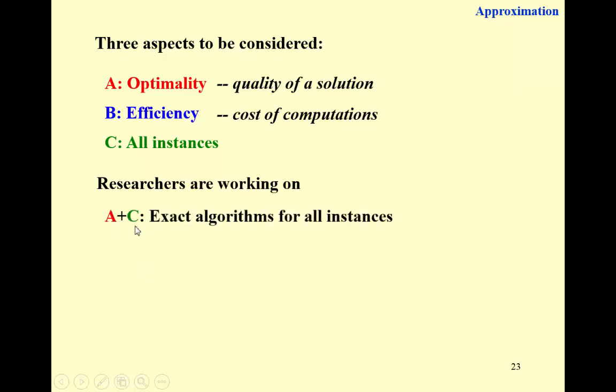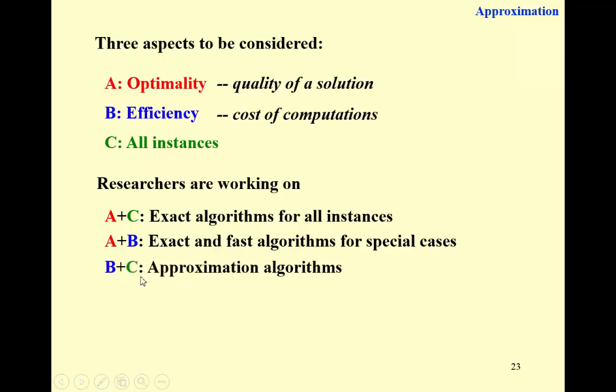A plus C means to find exact algorithms for all instances, such as exhaustive search, or A plus B, exact and fast algorithms for special cases, for example, the DP solution for the knapsack problem. Okay, and B plus C, fast for all the instances, but sacrifice the quality, that is the approximation algorithms.